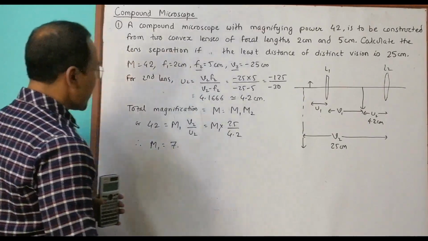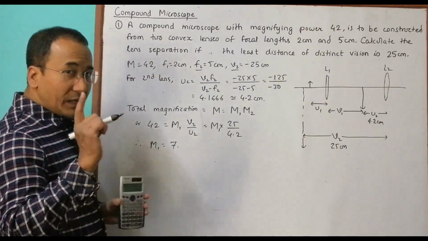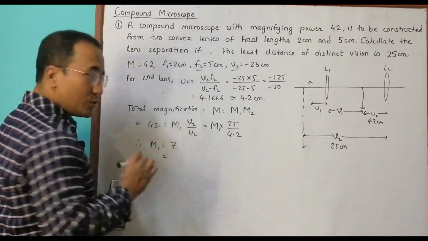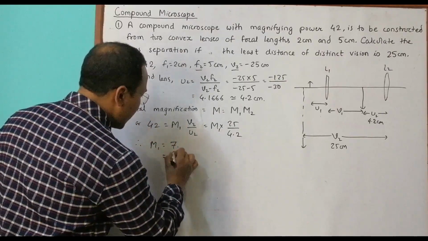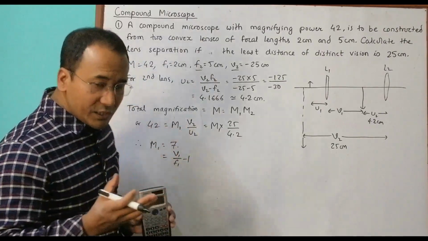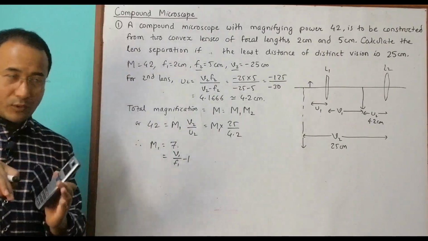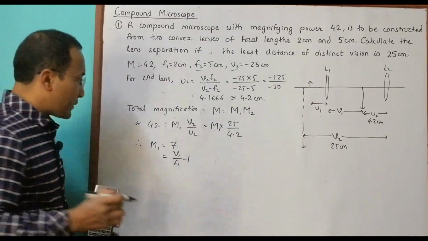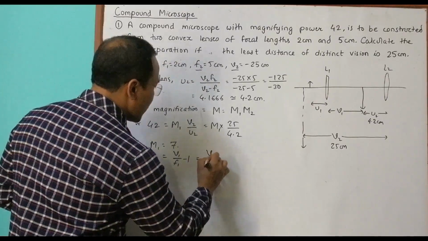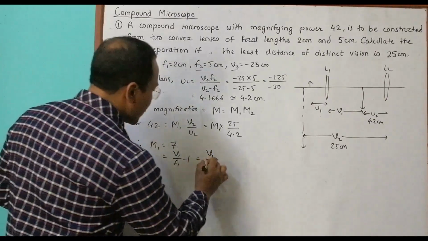Now I need V1, so we have got M1. M1 is equal to V1 by F1 minus 1. So the magnification is V1 by F1 minus 1, and we have to find V1. F1 is equal to 2 centimeter.